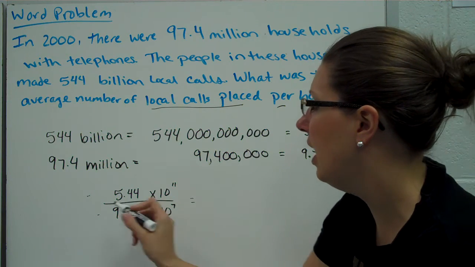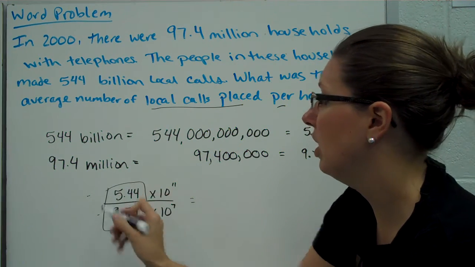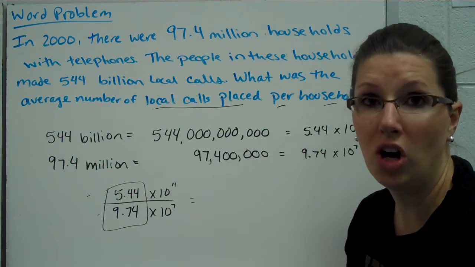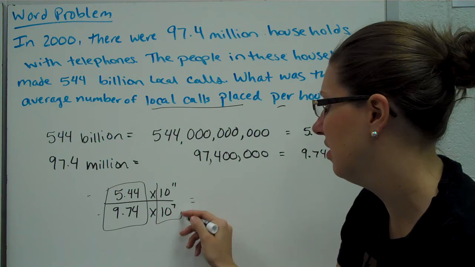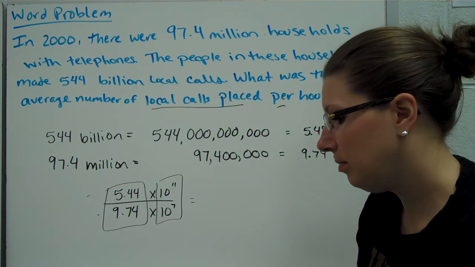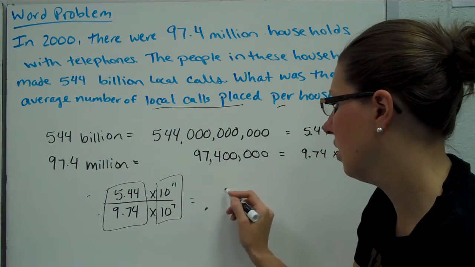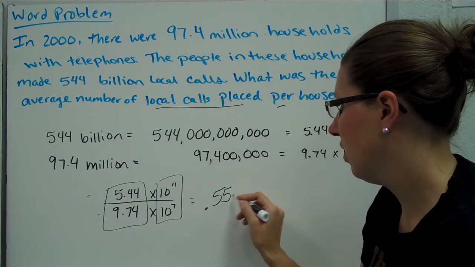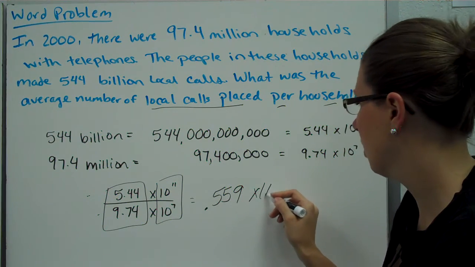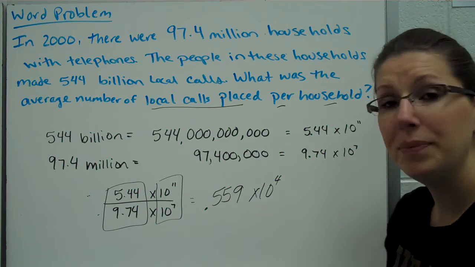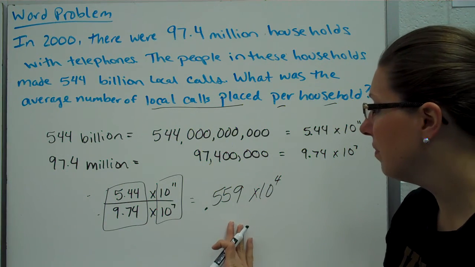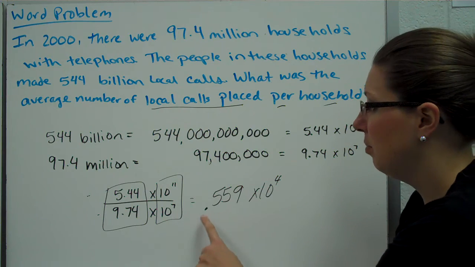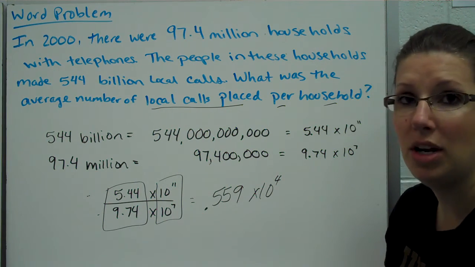Now that I've got it set up, or that you've got it set up, why don't you go ahead and solve using what we learned today in the video. Okay, so when we divide our numbers that are in scientific notation, this is what we get, but that's not okay because 0.559 does not meet our criteria.